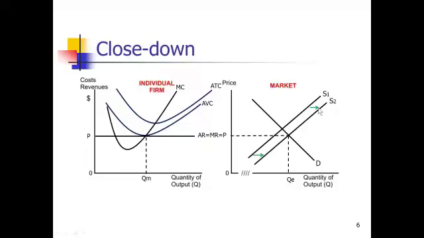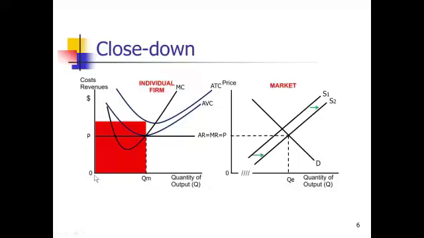Now, for example, consider a flooding of the market, for example, a dumping of excess produce from a competitor across the border, or imagine a really good growing season in an agricultural product and there's a large amount of produce on the market. If the price being generated in the market, which again is the price the individual firm must accept, falls below the minimum AVC, then they cannot cover the day-to-day running costs of their business.